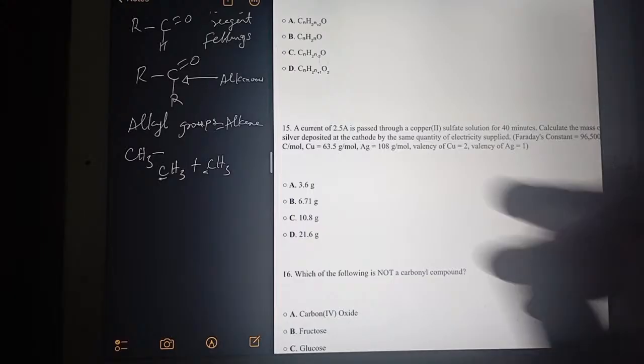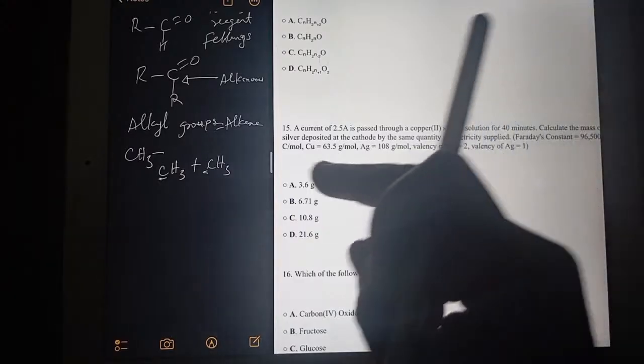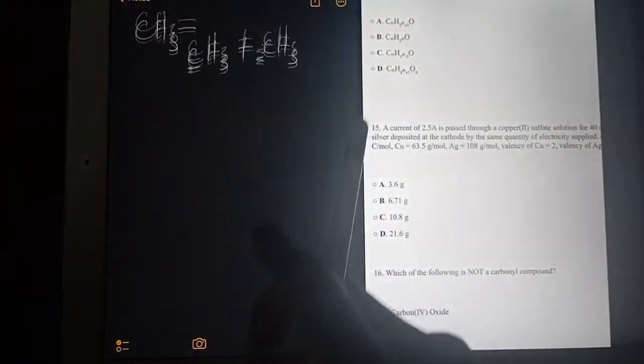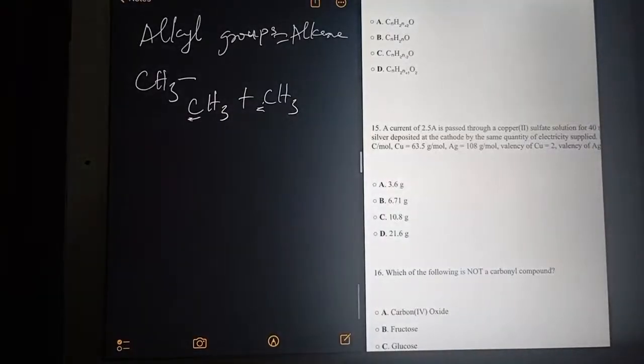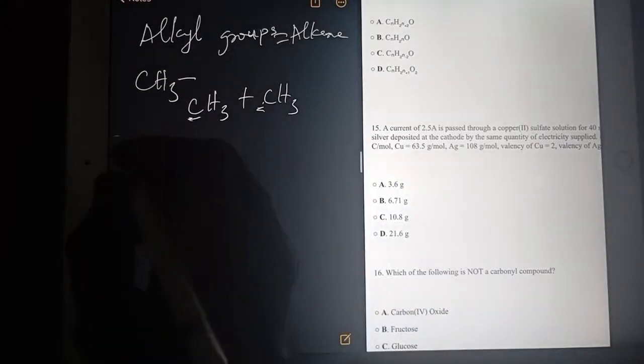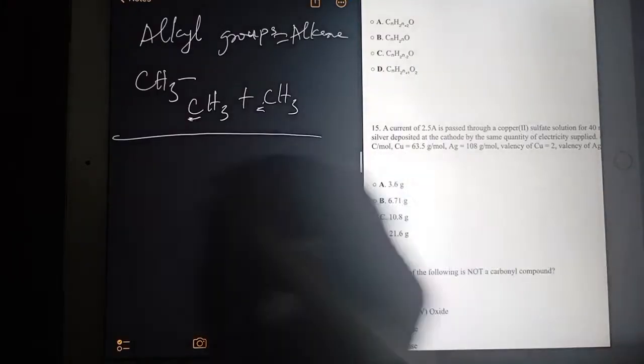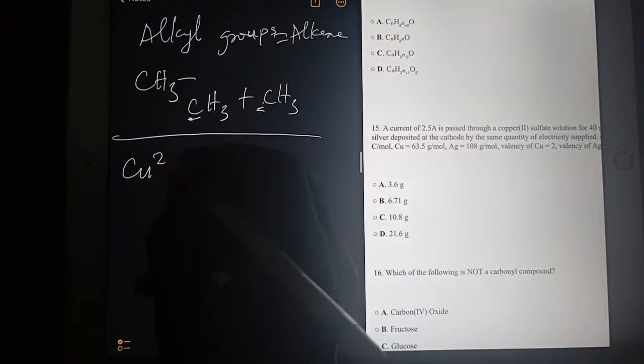First of all, which law are we going to use? We are going to combine the first Faraday's law of electrolysis and the second law to answer that question. How will you know when the second law is involved?